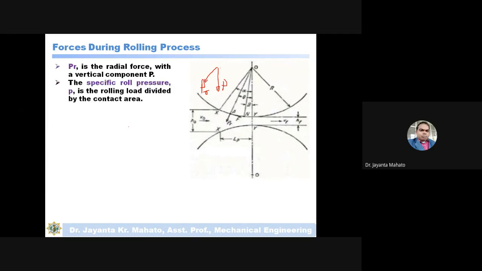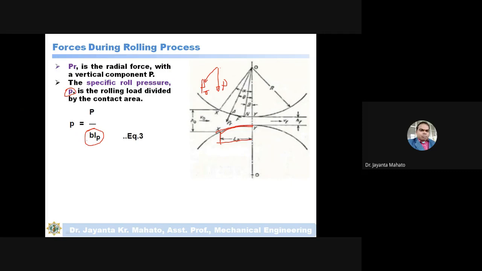If you divide this P value by the contact area, then you get the specific roll pressure, that is p. The contact area is this projected length multiplied by the width of the material.